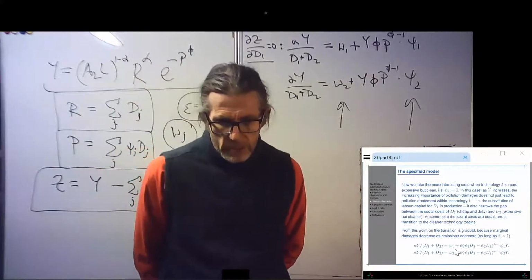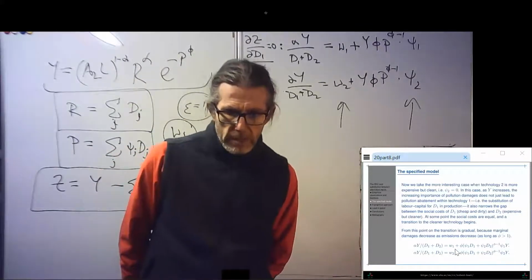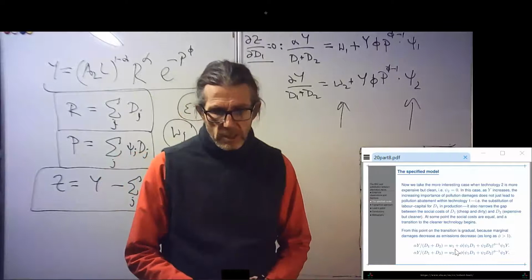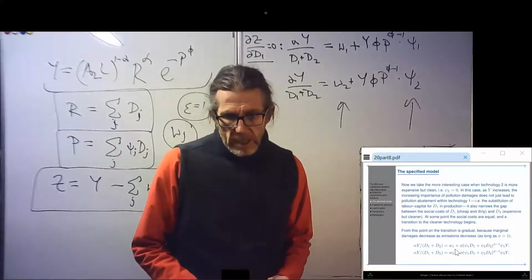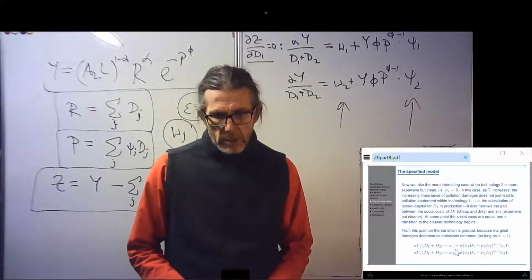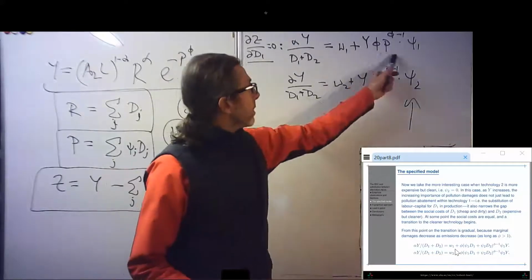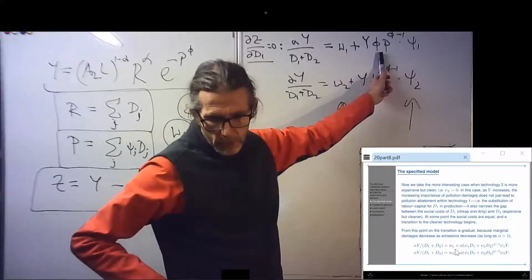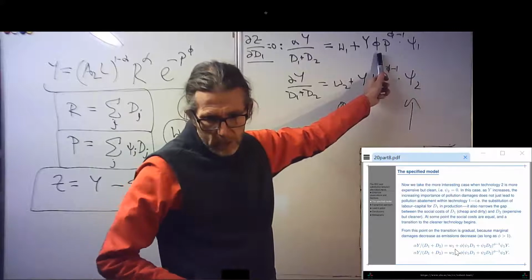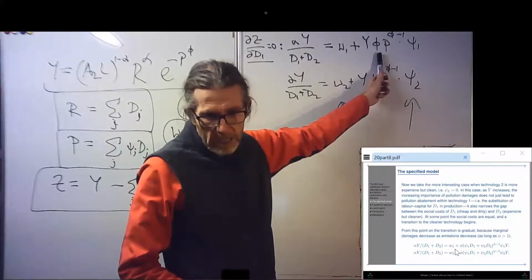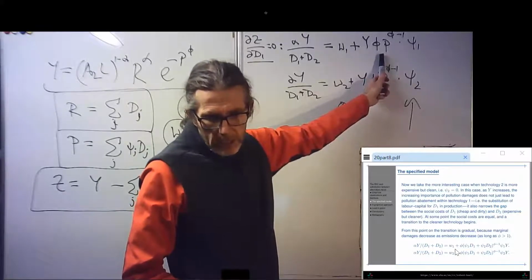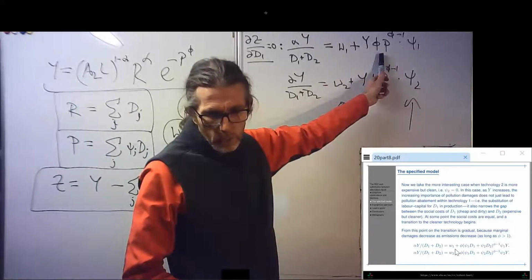Now we take the more interesting case when technology 2 is more expensive. To keep it nice and simple, we're saying psi 2 is actually 0. In this case, as y increases, the increasing importance of pollution damages in this term, because this one's 0, does not just lead to pollution abatement within technology 1, i.e. less use of D1, but it narrows the gap between the costs of D1 and the costs of D2.